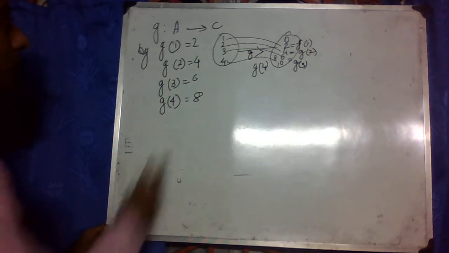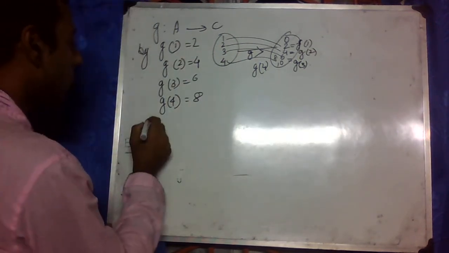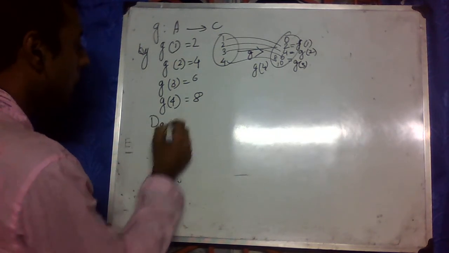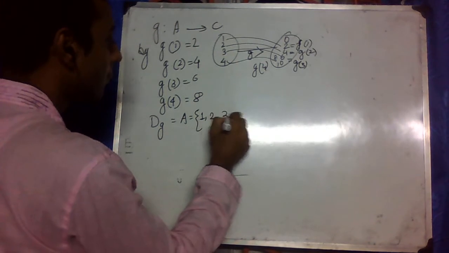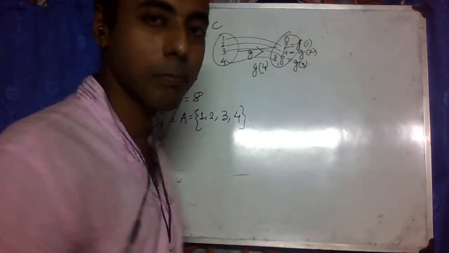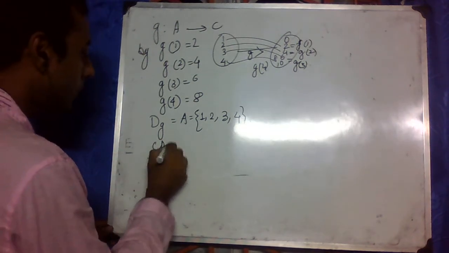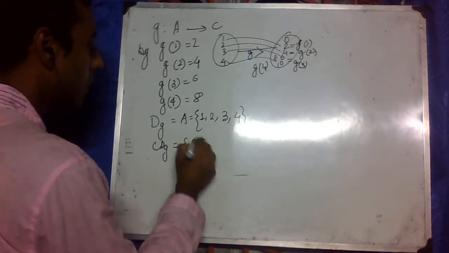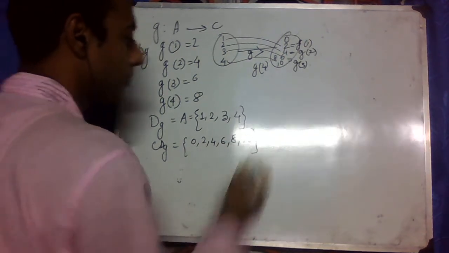Now in this function the domain is A, 1, 2, 3, 4, and the codomain is 0, 2, 4, 6, 8, 10.